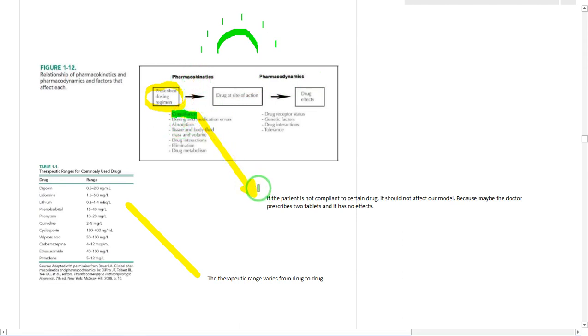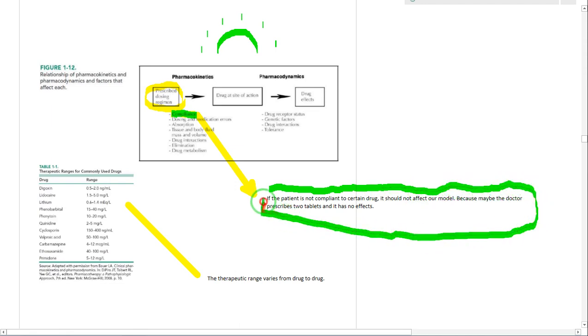One of the factors which affect the pharmacokinetics is the compliance. Just imagine that some patients are really not compliant to a certain type of drug. For example, the doctor prescribes 2 tablets for a patient. He takes it, but it's not going to be useful.